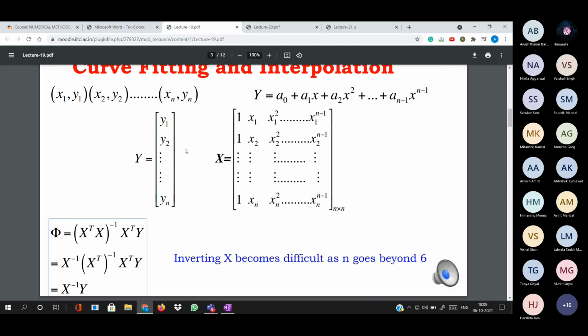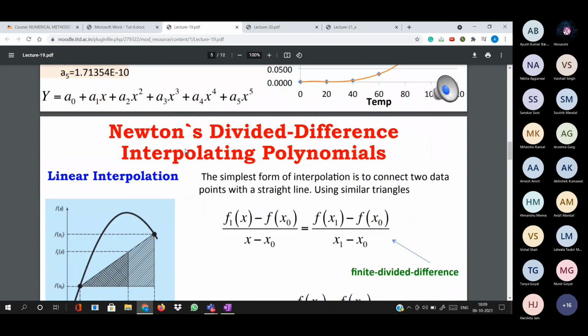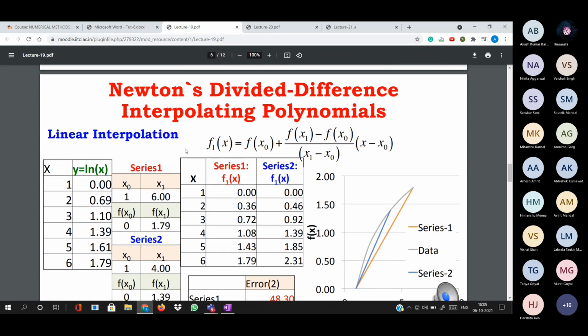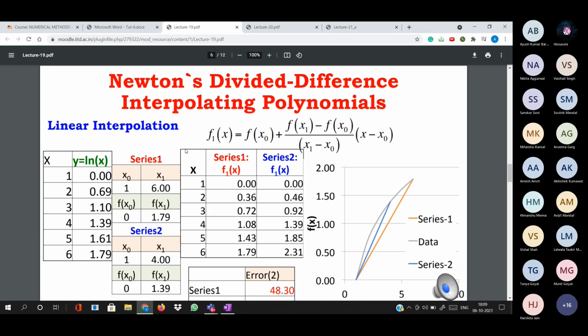Anyone have any idea about that? Newton's divided difference. All of you have slides now. I'll give you 5 minutes. Read it from the slides, and then we'll discuss, because I cannot start giving you the basics from scratch. So download this lecture number 19 and go through it, and after 5 minutes we shall discuss what is there in this.